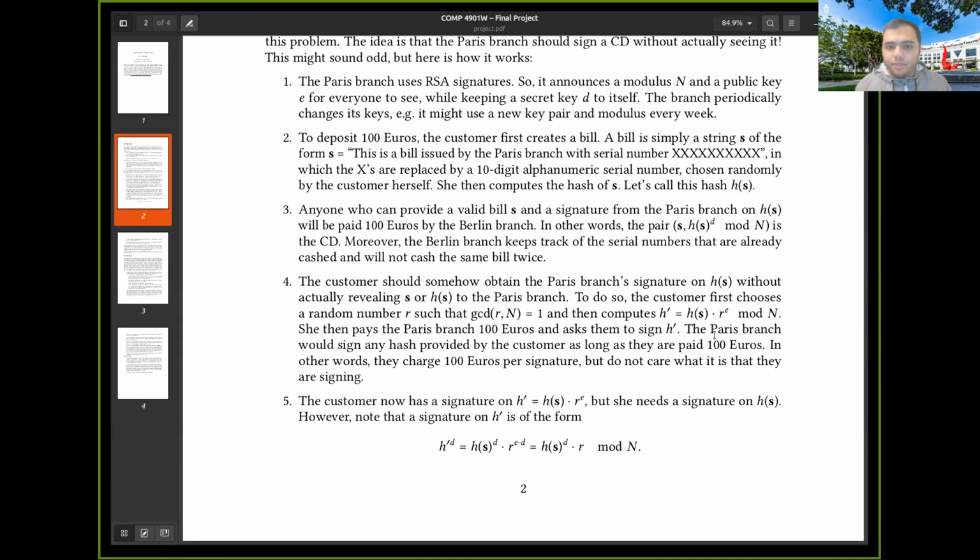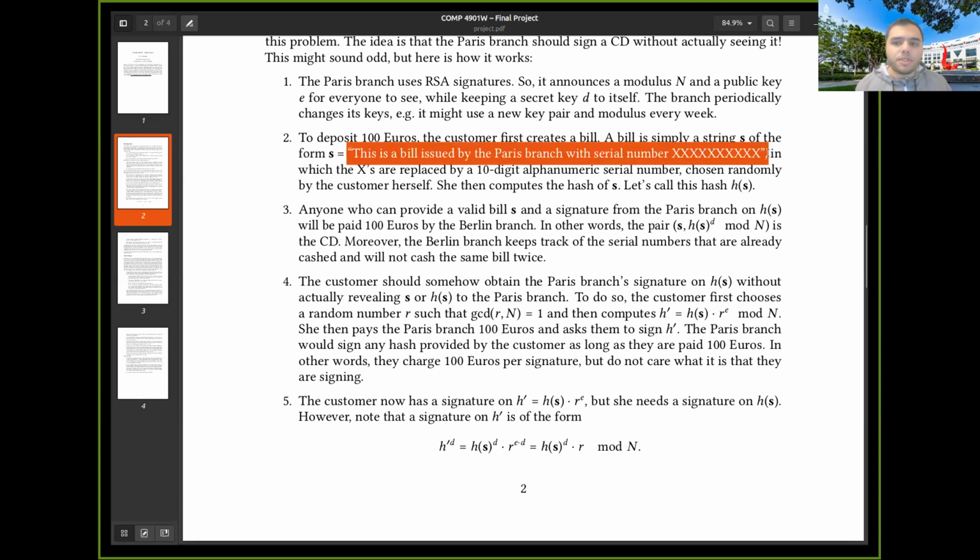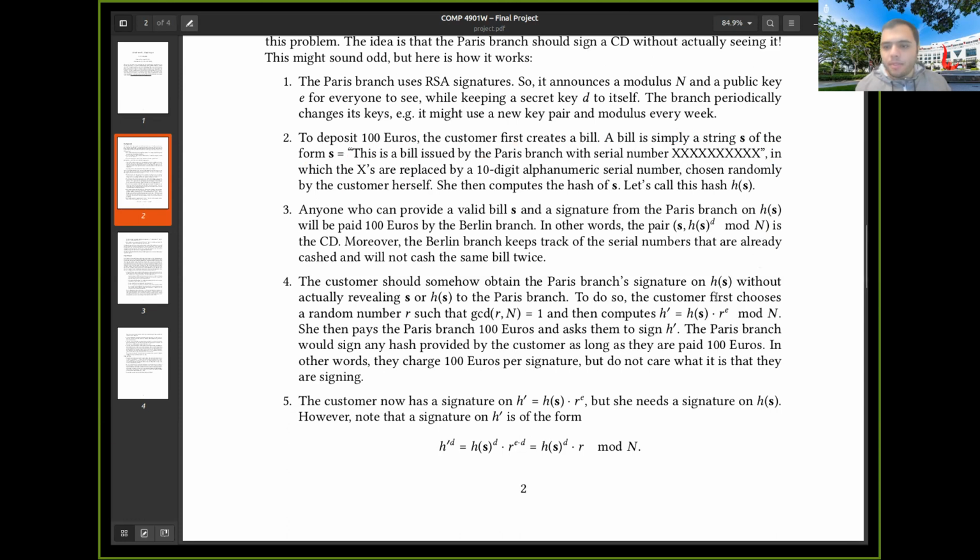Now, if instead of using the hash of S, we just used S itself, then what would happen? Again, we're just assuming that this S is somehow encoded as a number, right? Because we're working with RSA, and in RSA, everything is numbers between 0 and n-1.